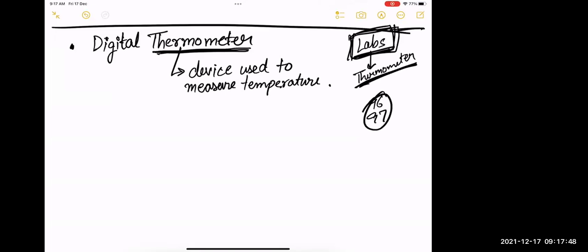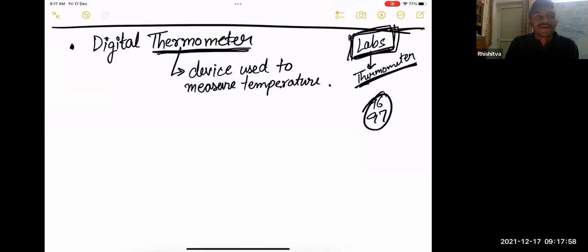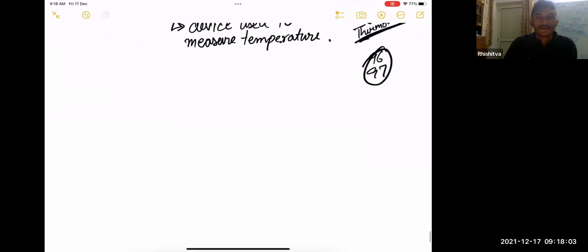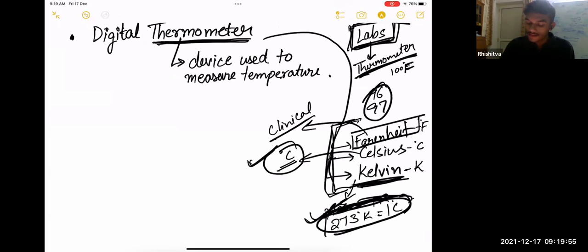And usually when the person gets a fever... Ishant, your voice is breaking a lot. I don't know why. You just say it and then it breaks up. That is this Celsius that we will be using for our today's digital thermometer circuit.